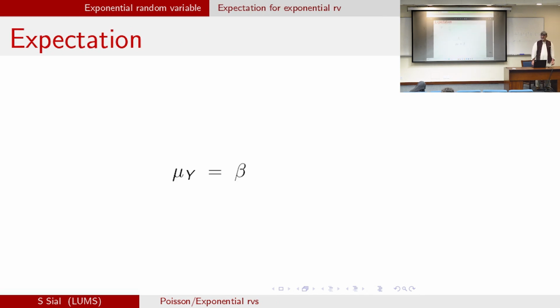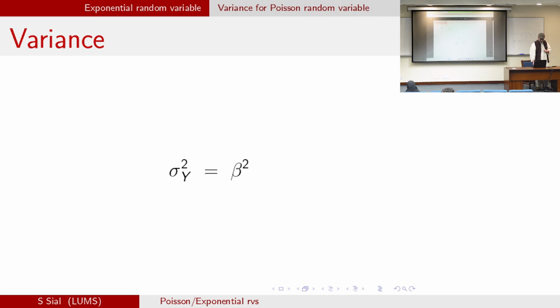It's beta. 5 mosquito bites per hour, I take the reciprocal of that. That's the expected time between mosquito bites. So the expectation is beta, and the variance is beta squared.